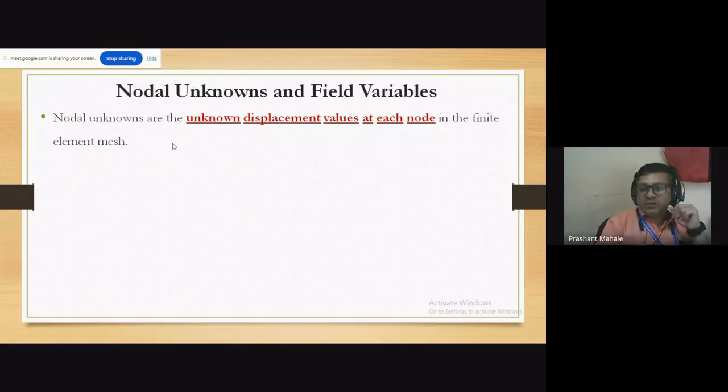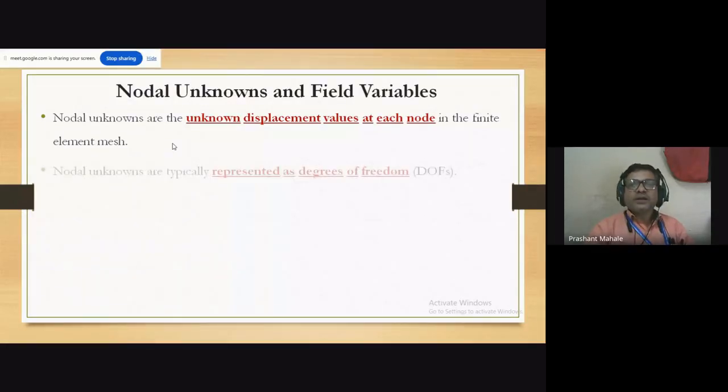On this also some questions are asked, and they are expecting some question also, or at least explain the nodal unknowns for 1D, 2D and 3D elements. Nodal unknowns are typically represented as degrees of freedom. Degrees of freedom is nothing but how many ways the motion is possible.